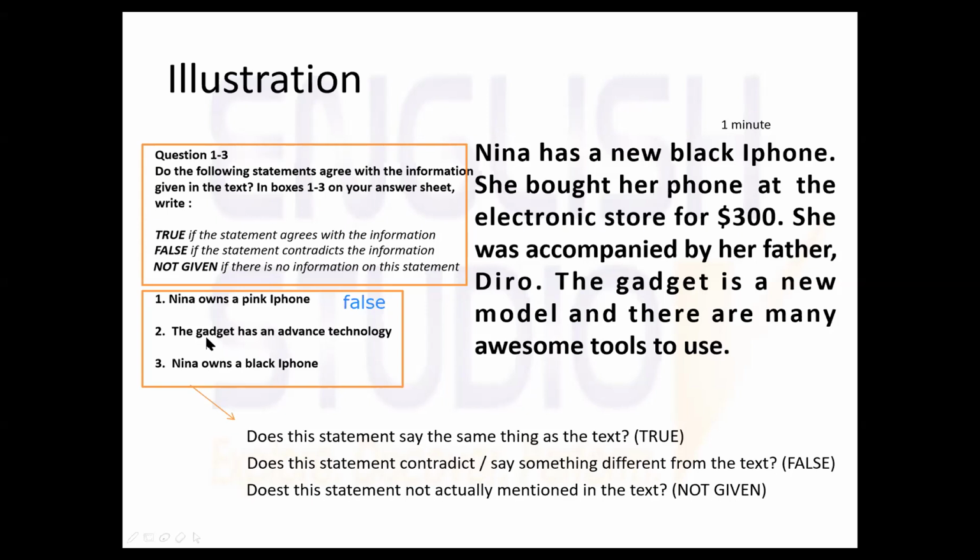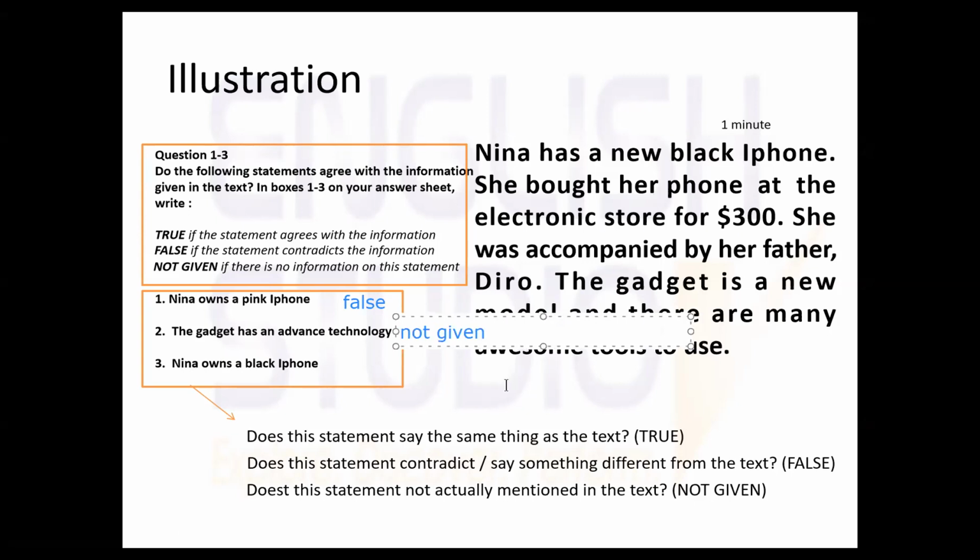For number 2, because we don't have enough information about whether it is an advanced technology or not, so the answer should be... anyone could tell me what is the answer? Guys, are you there? Not given, Miss. Okay, good job. The answer should be not given because we don't know if it is an advanced technology or not.